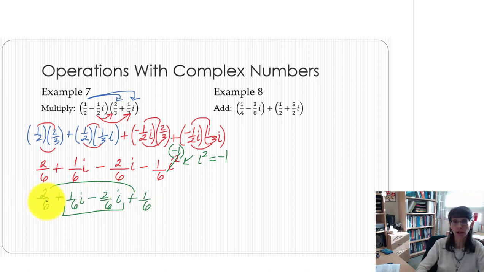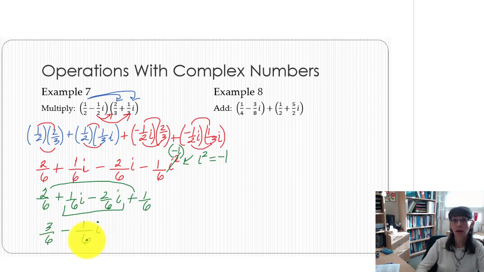It's a good thing we did not reduce 2/6 because it turns out that it already has a common denominator with the other fraction. So 2/6 added to 1/6 would make 3/6. And also notice the complex numbers also have a denominator of 6. So those already have a common denominator. We can go ahead and add +1 with -2, which would be -1/6. And don't forget, it includes the complex number.